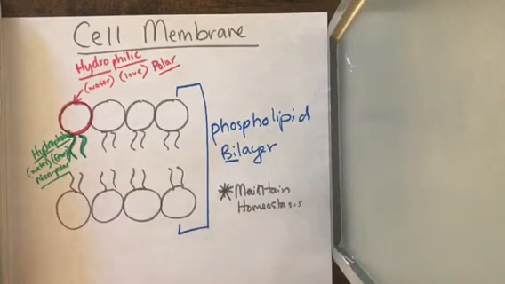Okay, homeostasis is just being stable. So like your body temperature, you know, you don't want to be too hot or too cold. You want to just keep that perfect balance right in the middle. Your hormone levels, you know, everything needs to be balanced within your body, and so the cell membrane just helps to keep that balance, keep that homeostasis.